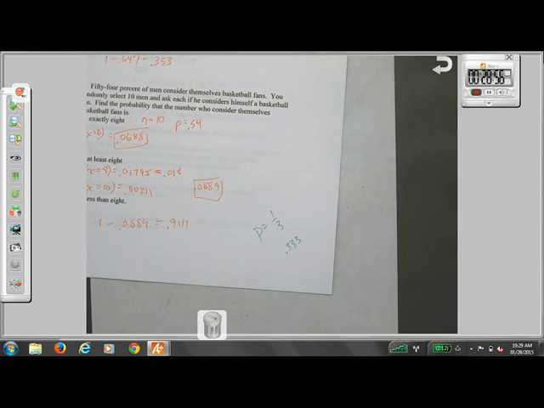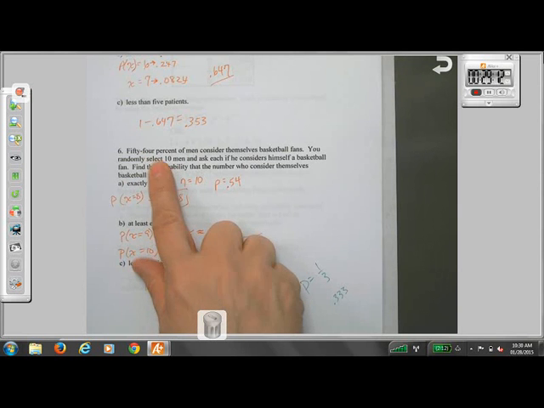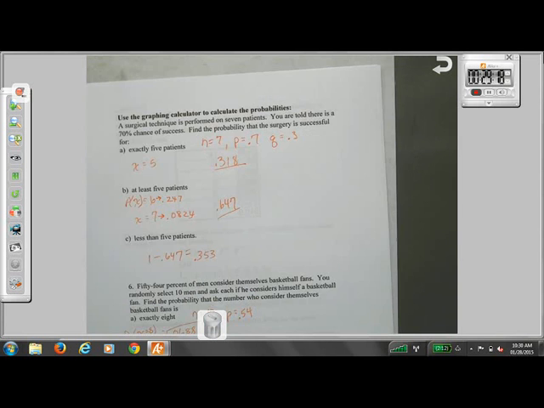So there's a little bit of reading that you should do to just be familiar with what they're talking about with the binomial situation. The fact that we only have 2 possibilities that can happen. Either the person is a basketball fan or they're not in this one. In this one, either the surgery is successful or it's not. In the traffic light, I make the traffic light or I don't.